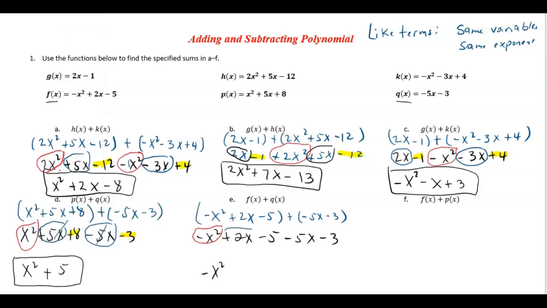We got plus 2x over here and minus 5x over here. So 2 minus 5 is negative 3. So we're going to have negative 3x. Then we have the number negative 5 and the number negative 3. So negative 5, negative 3 is negative 8. And that is your answer right here.